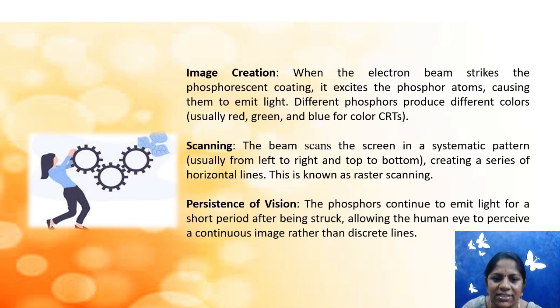It creates a series of horizontal lines, called raster scanning. And persistence of vision: the phosphor continues to emit light for a short period after being struck, which allows us humans to perceive a continuous image rather than discrete lines.